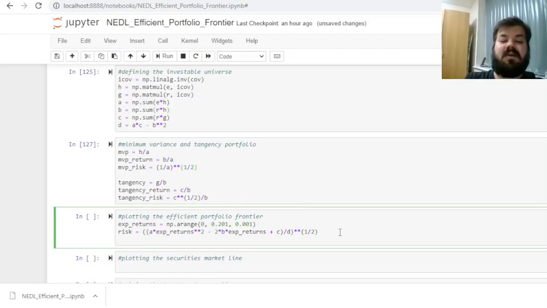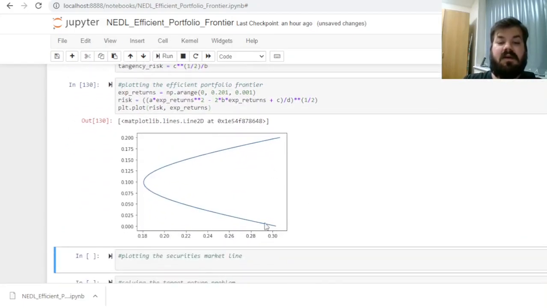And finally, we can use the plt.plot function to plot our risk and returns alongside each other. It's customary to have risks on the x-axis, so we input risks first and expected returns second. And then we run the code and get our frontier plotted here.